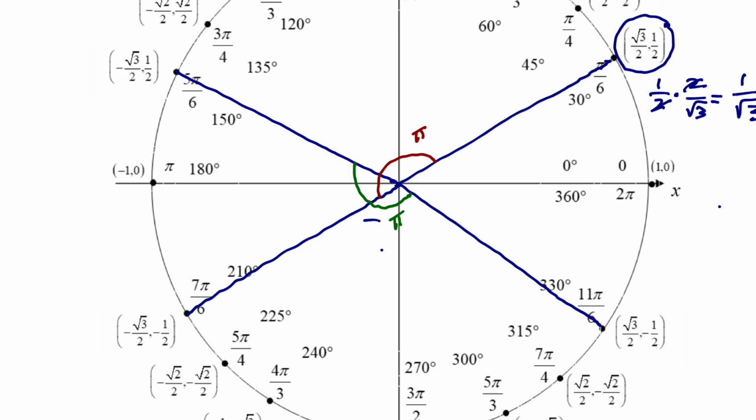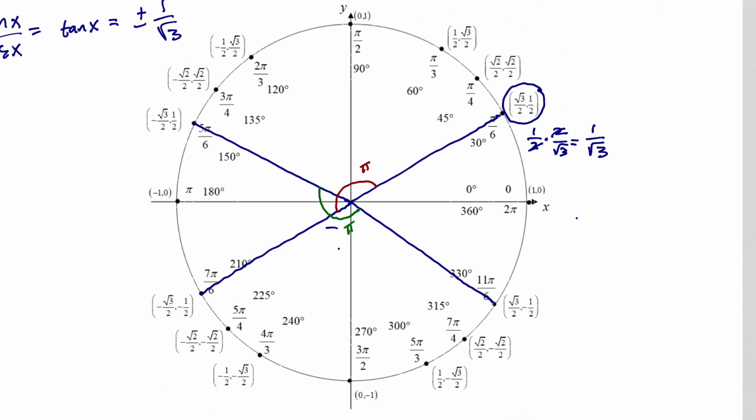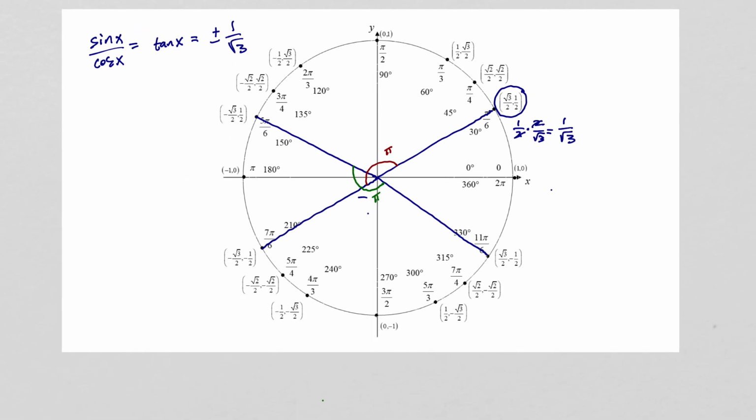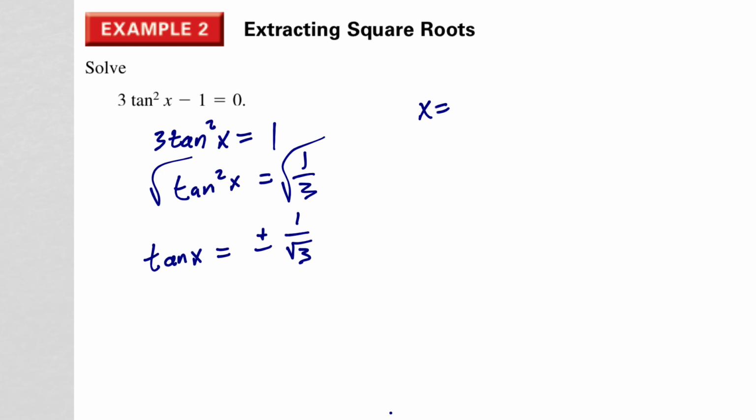Instead of adding 2 pi n, I can take each one of those and just add pi n, and I'll hit all my possible solutions, right? So I'm going to start with the pi over 6. That's my first general solution. So pi over 6. And I'm just going to add pi n. And that's going to hit every possible solution for those 2 general solutions, right?